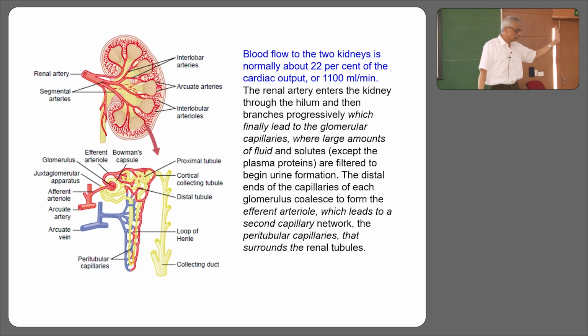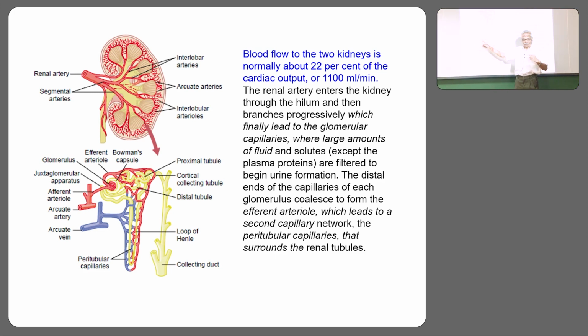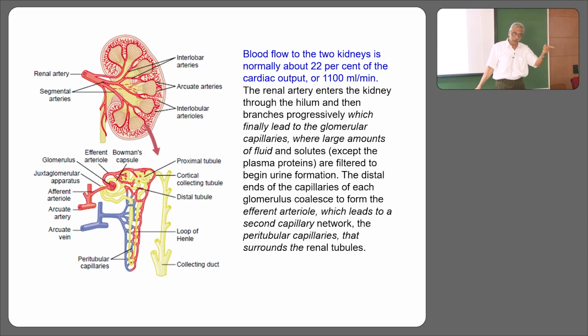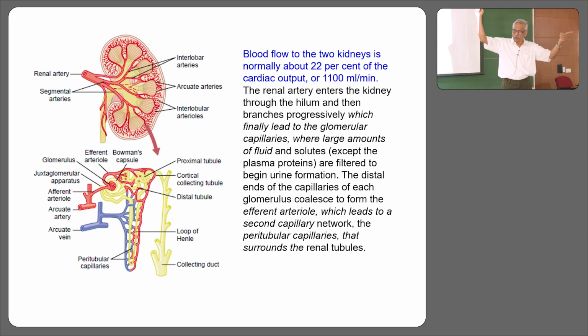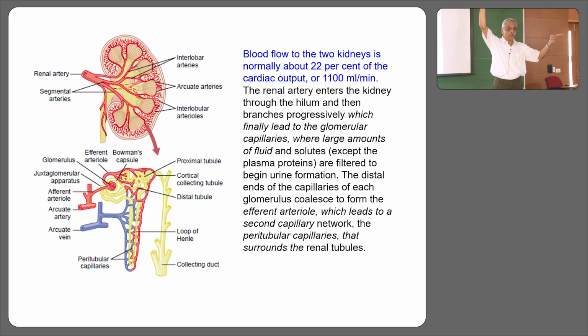Is the whole picture clear so far? Let's look at the blood pressure by the time the blood reaches here, where it is about to enter the Bowman's capsule. Let's go to the dorsal aorta, where the average is 100, let's go by the average. By the time it enters the renal artery, it is still about 100.